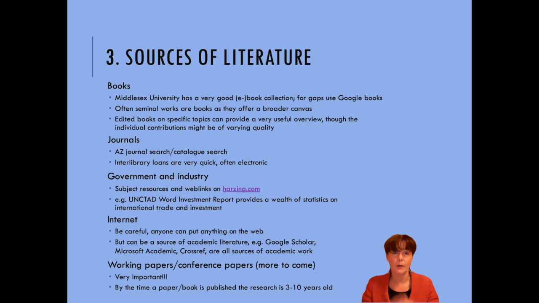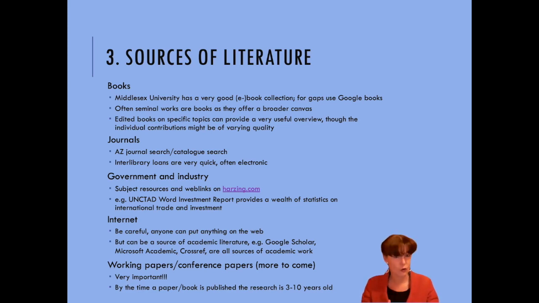Edited books on a particular topic, if this is the topic of your research, can provide a very useful overview from many different sources and many different authors and often many different contexts. But be careful because the quality of individual contributions might vary quite dramatically. So also look at the publishers of the book to get a sense of the quality of the book overall and the quality of the editing process.